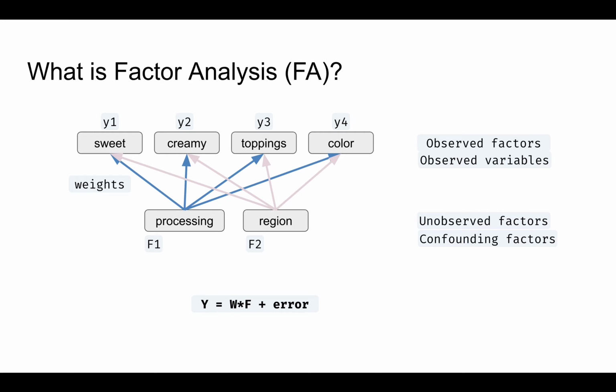And a region, maybe region could have an effect on what color is put in the ice cream based on the choices of the people or what toppings are put on the ice cream. So that in general is represented by this linear form where y is equal to w, which is the weights, into f, which is the unobserved factors, plus an error term.